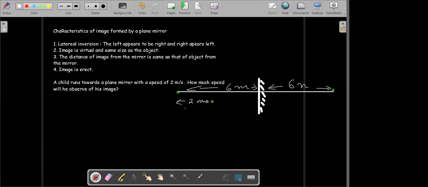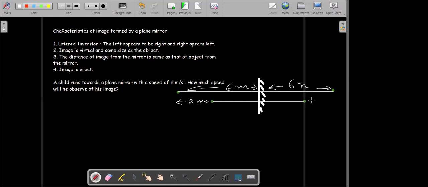It will be like this. The child has covered a distance of 2 meters. The image has also moved through a distance of 2 meters now. Sir, the answer is 4 meters per second. Yeah, the answer is 4 meters per second.